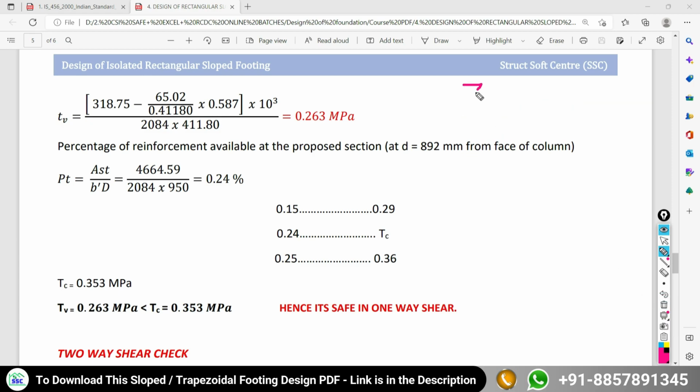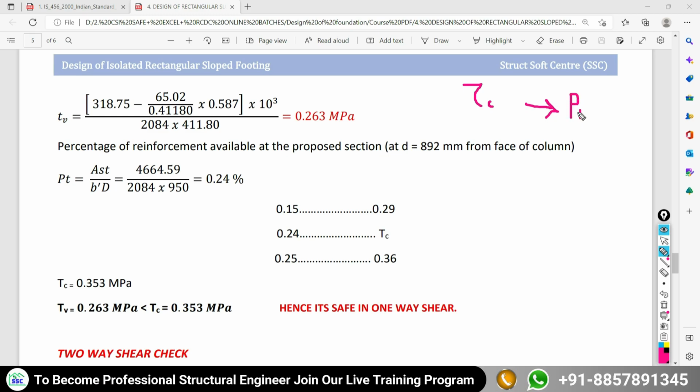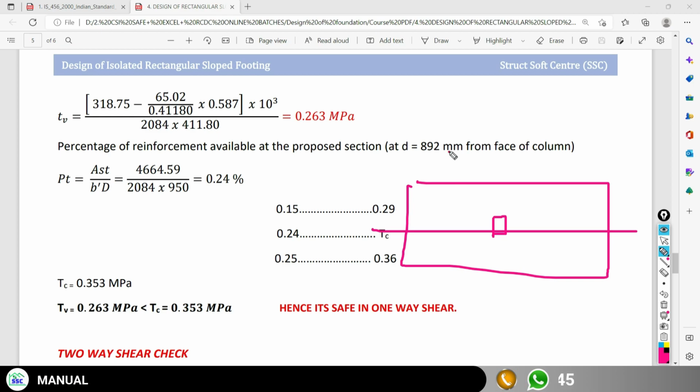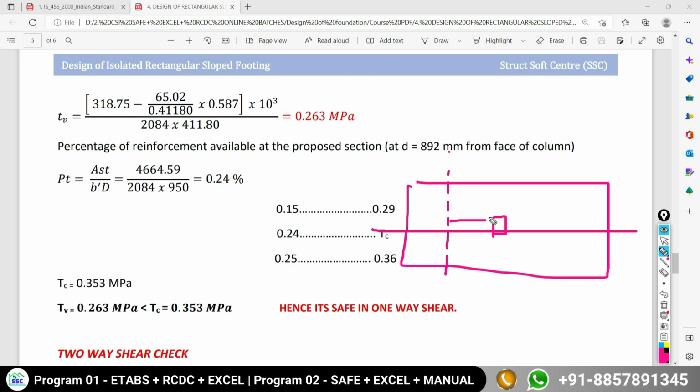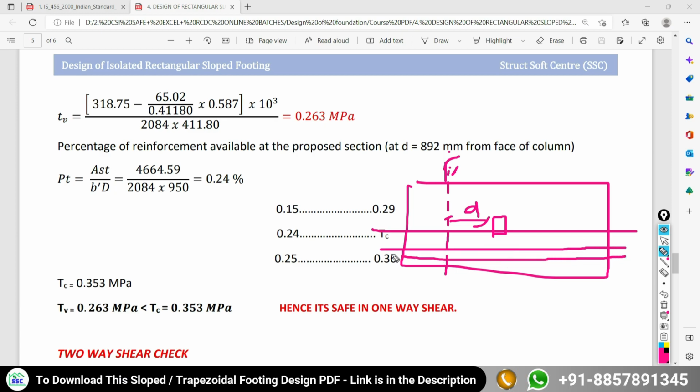So for finding out your critical shear, we need to know the percentage of reinforcement available at your proposed section of one-way shear. If you are doing the calculation along the length of the footing and you have considered the critical section at a distance of d from the face of your column, we need to find out the percentage of reinforcement at this section. For that we need to know how much area of reinforcement is available throughout the length of your footing.